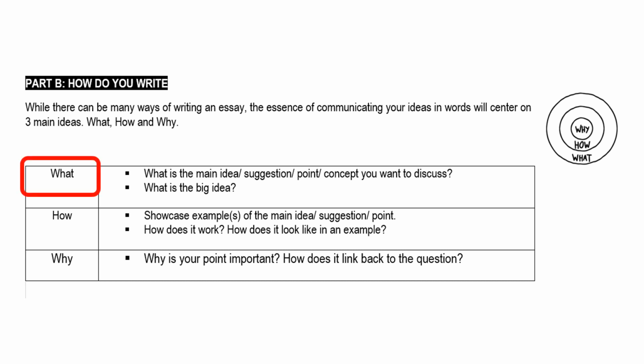All right, what is actually your point? Okay, and it's really about the main ideas, suggestions, concepts that you want to discuss. How is basically your examples as well as your elaboration. Okay, how does the example look like? Can you describe a little bit about your example?